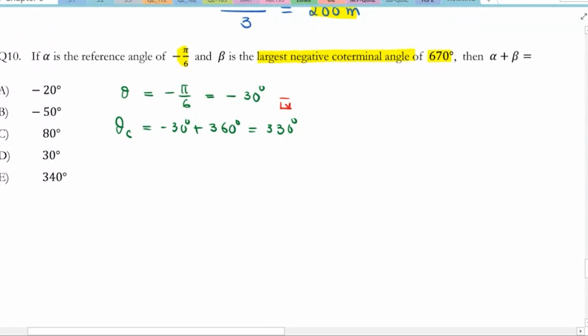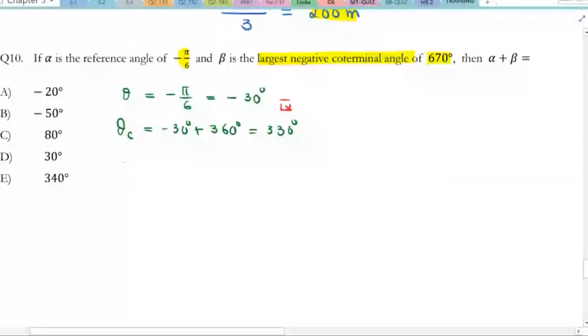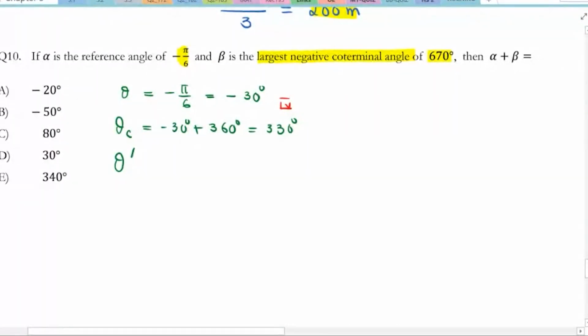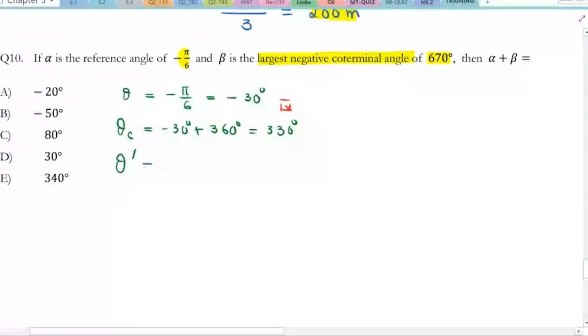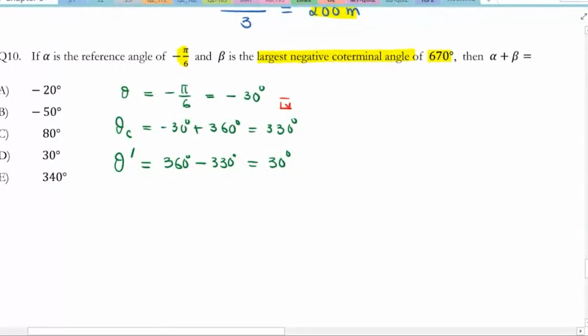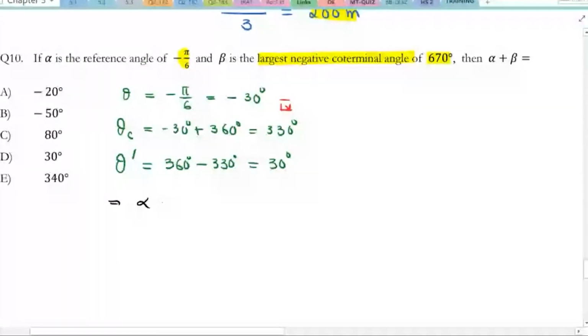Now, what is the reference angle in quarter number 4? Reference angle theta dash will be equal to 360 degrees minus 330 degrees. So the reference angle is back to 30 degrees again. It means alpha is equal to 30 degrees.